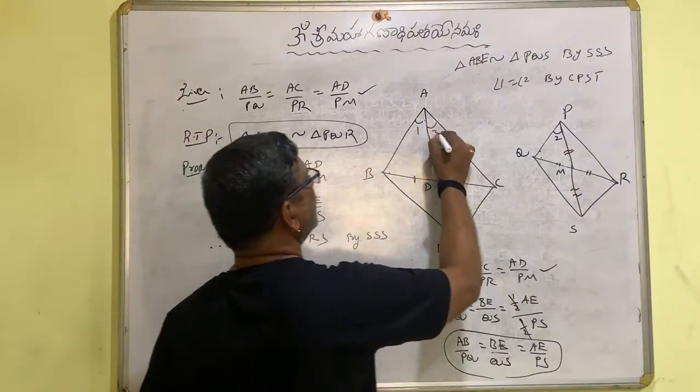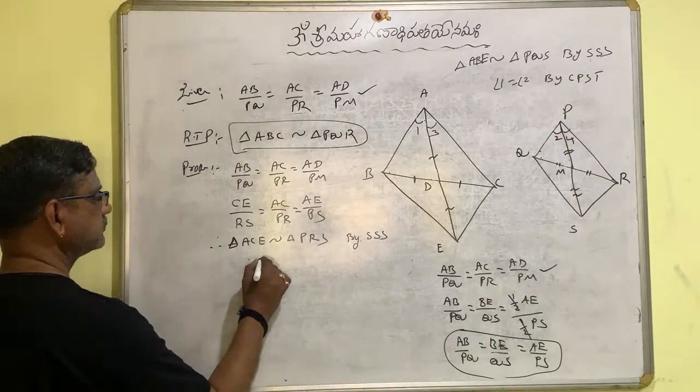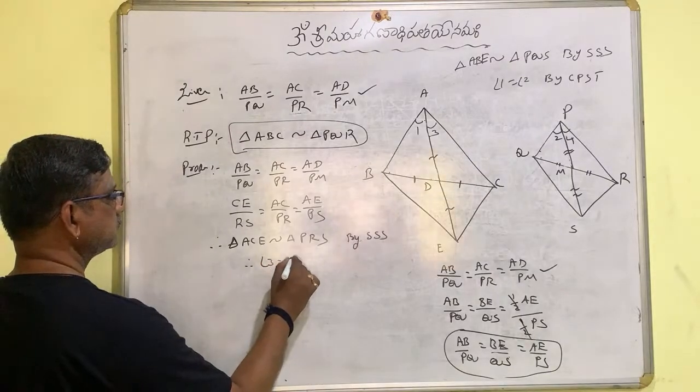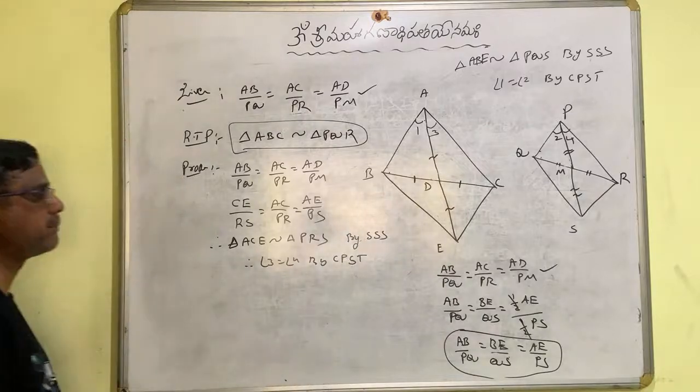So, angle 3 and angle 4 are equal by CPCT.